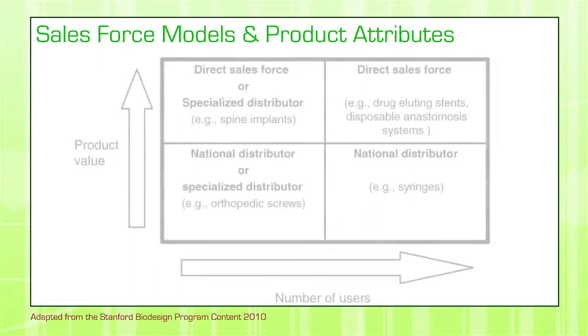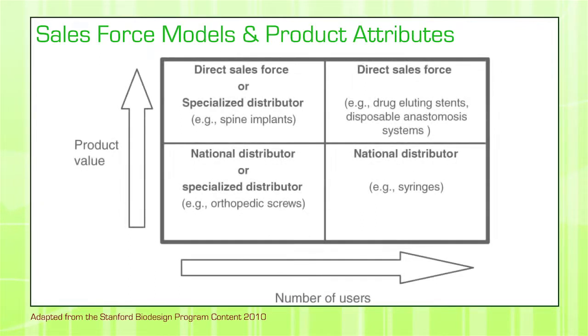If we think about all these different variables, at the end we can distribute in a grid the 4 different types of sales force models that we can have, depending on the number of users and the value of the product. If the number of users or the device count that you're going to sell is really high, then you're probably going to be talking about national distributors or direct sales forces.